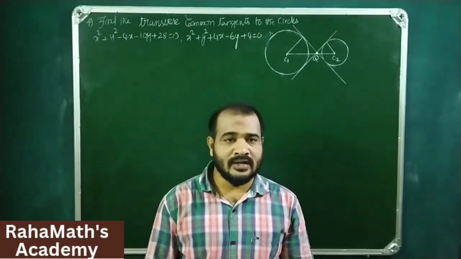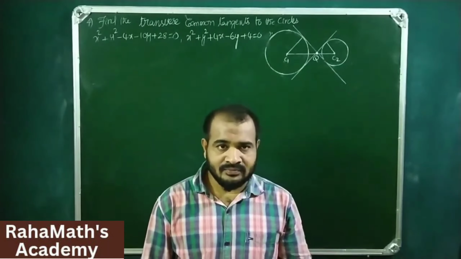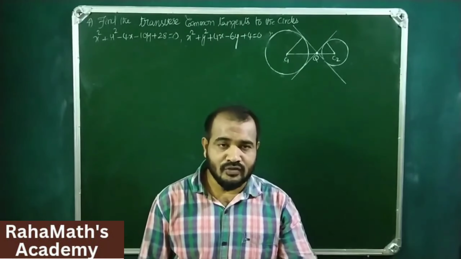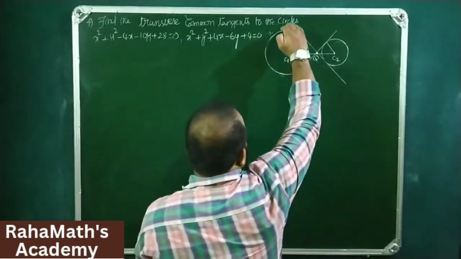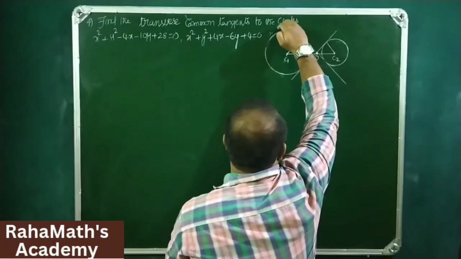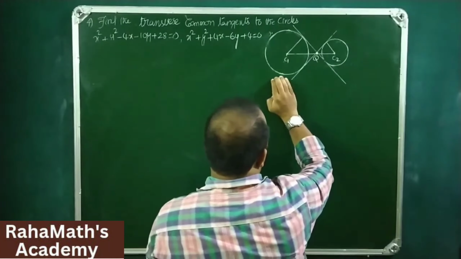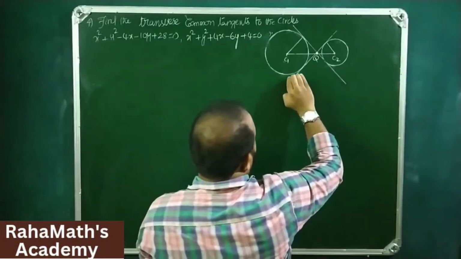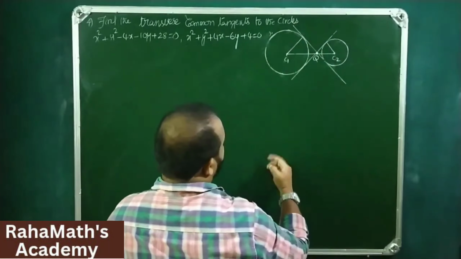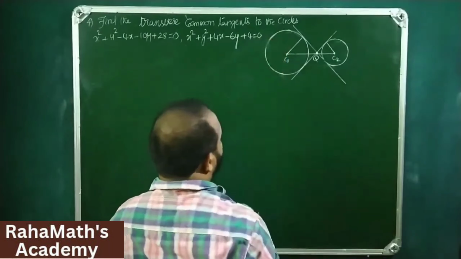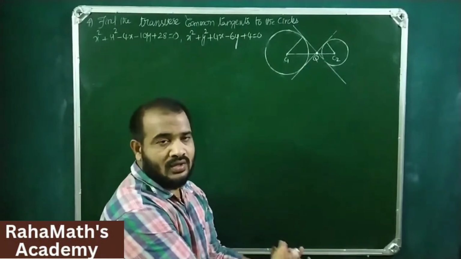A direct common tangent is a line such that if two circles lie on the same side of the line, then that line is said to be a direct common tangent. In the last problem, this line and this line: with respect to each of them, the two circles lie on the same side. But this time, what is the transverse common tangent? I don't know whether the two circles' position is like this or not. Soon we will get it.